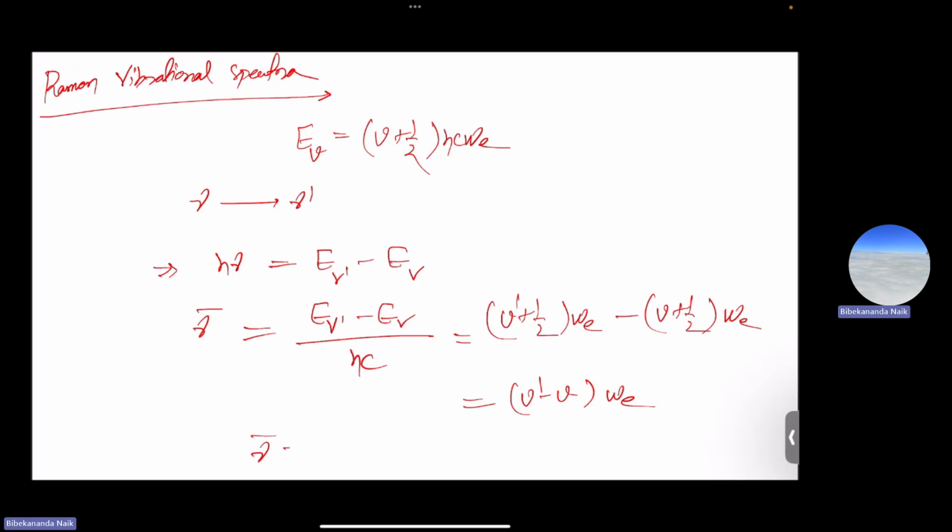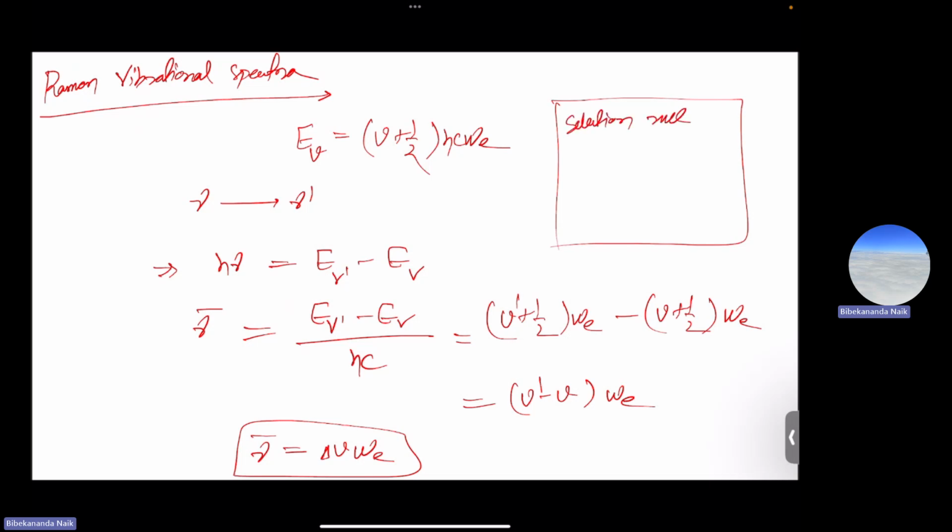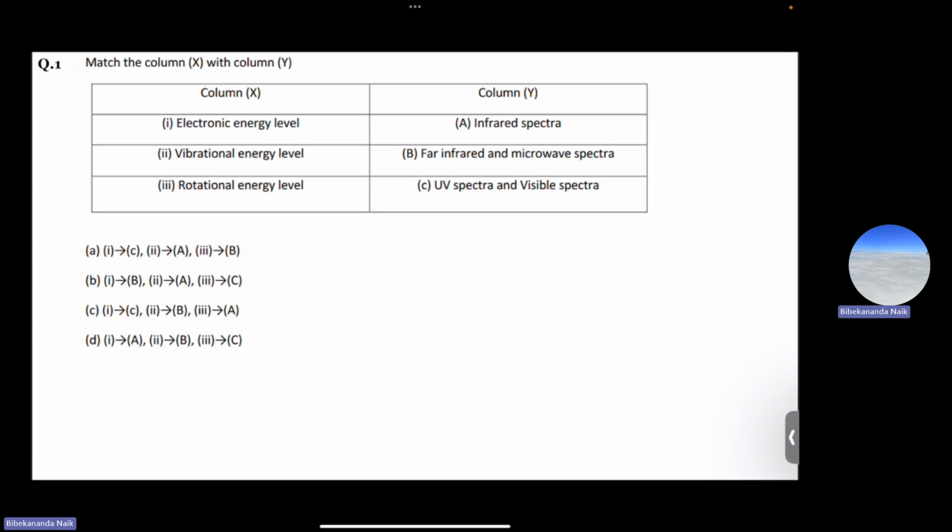So this wave number will be delta v times omega_e, and the selection rule for Raman pure vibrational spectra is delta v equals plus or minus 1. That implies the wave number change will be plus or minus omega_e. So this is the Raman vibration spectra.